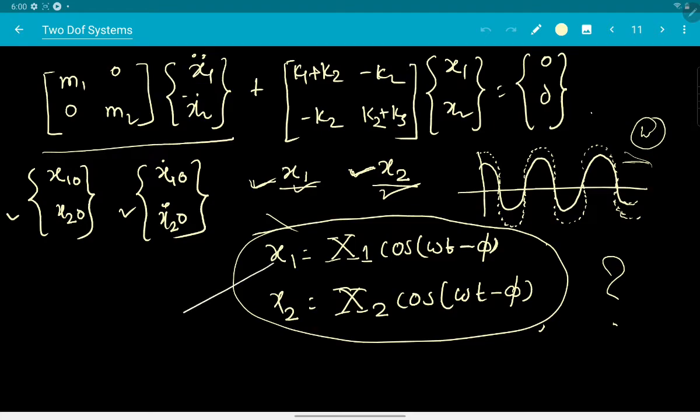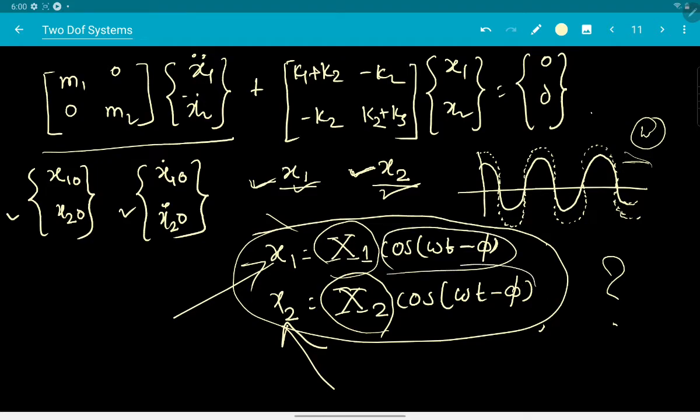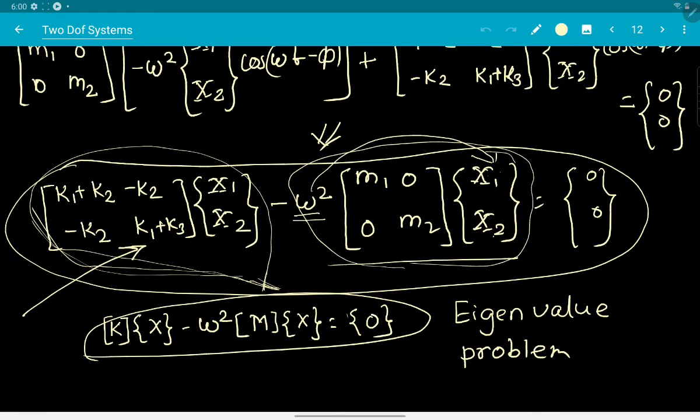So we assume this form of x1 and x2. We considered only the amplitudes to be different. Otherwise their time dependence is exactly identical and harmonic in nature, with omega as the circular frequency.